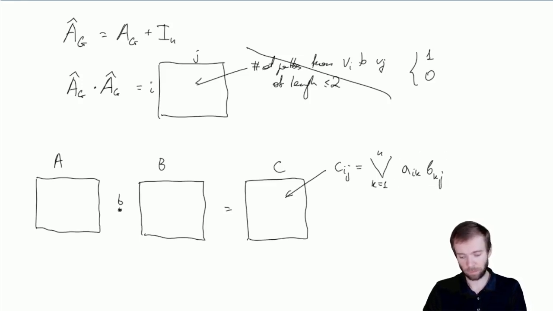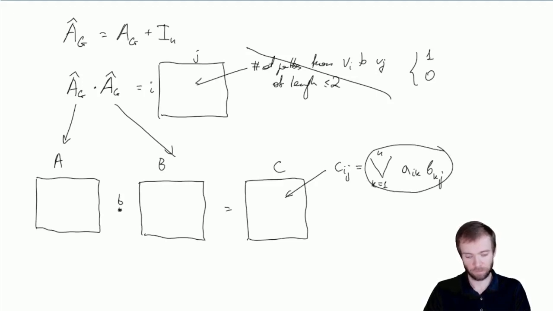So now, if we plug the modified adjacency matrix as A and B into this definition of Boolean product, indeed we see that the ij entry in the Boolean product of AG hat by AG hat will be equal to 1 if at least one of products like this will be equal to 1.